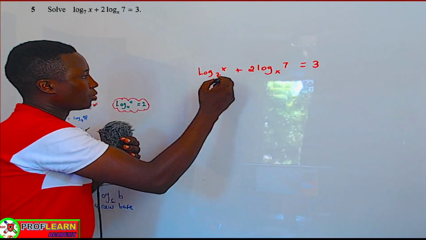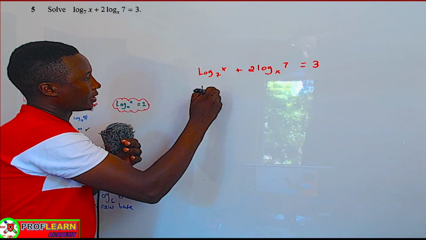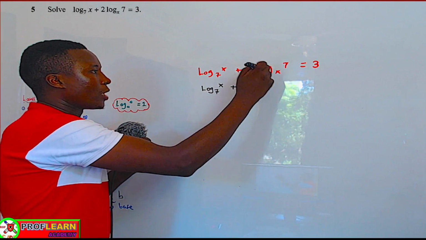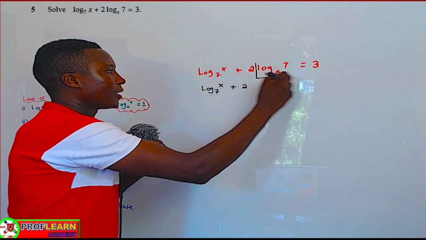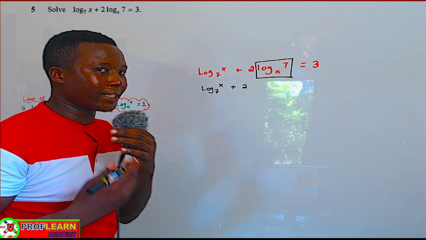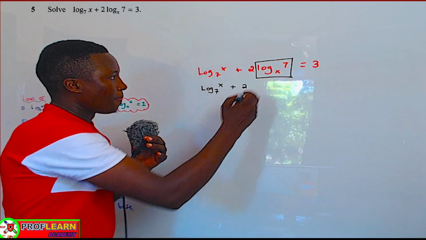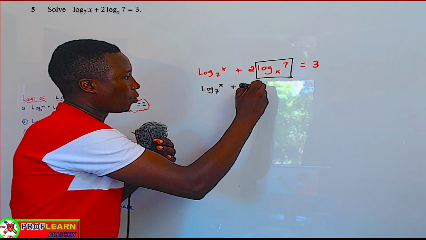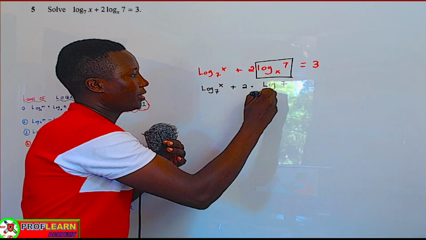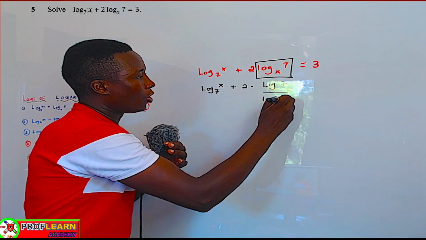So it's good that we decide and write this to base 7, plus 2 log. We convert this number so that we have the same base. In order to work out this, this is going to be log 7 over log x.